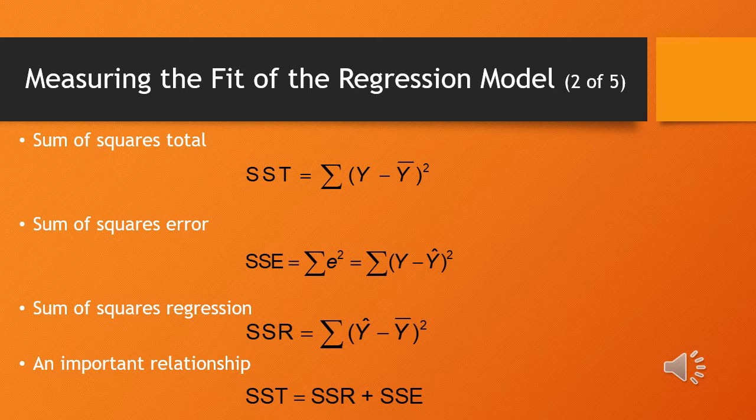And then we have the sum of squares error, which is the sum of e squared, which equals our SST, the sum of (y minus y hat) squared.